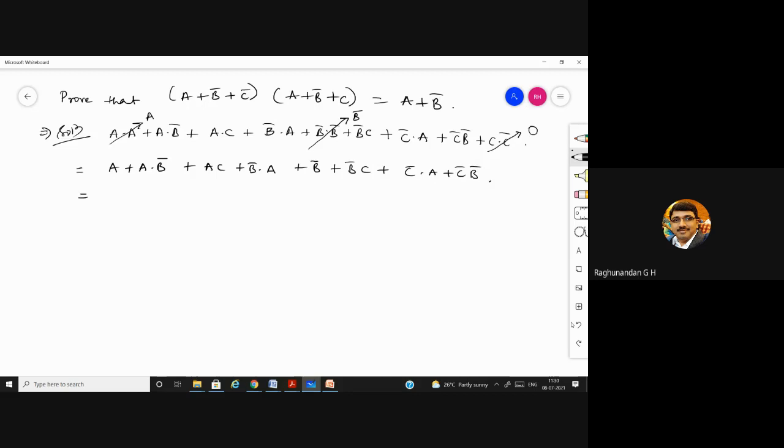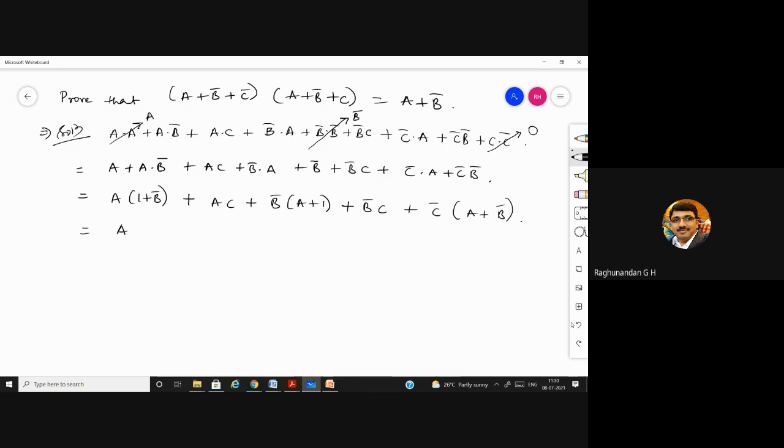Now A into 1 plus B bar plus AC plus B bar into A plus 1 plus B bar C plus C bar into A plus B bar.